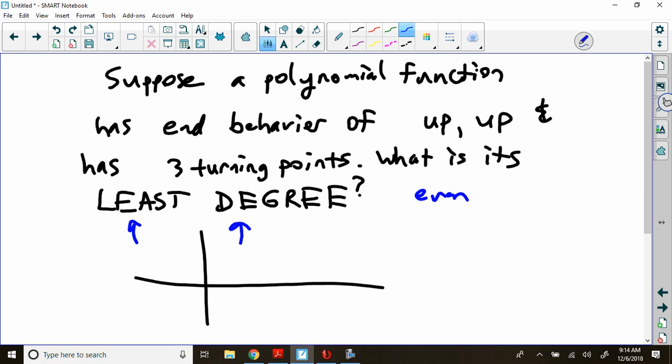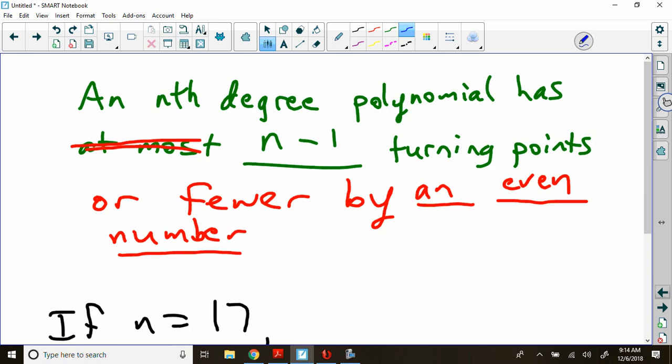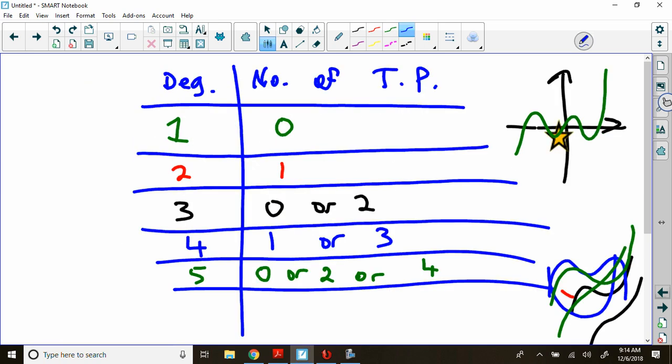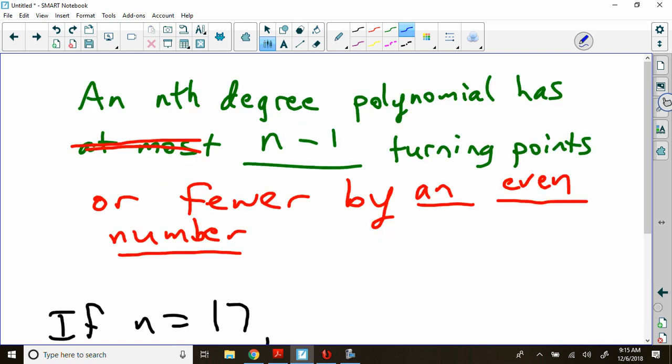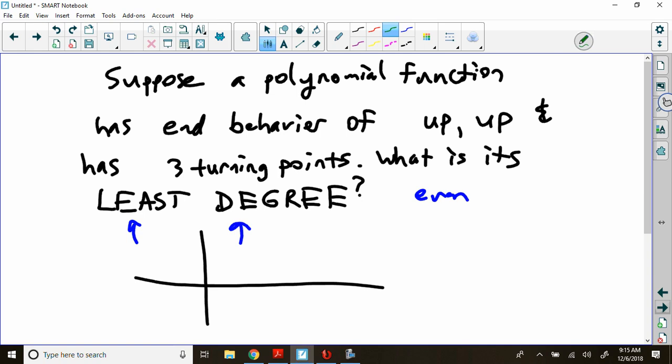And then we had that whole n minus 1 business. If it has 3 turning points, what would the degree be? Let's see if we can work backwards from our table. If it had 3 turning points, what's the degree in that particular case? 4, right? And it's kind of important, they phrased it the least degree. So the answer to this one is 4, right?